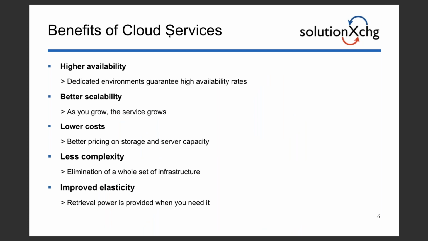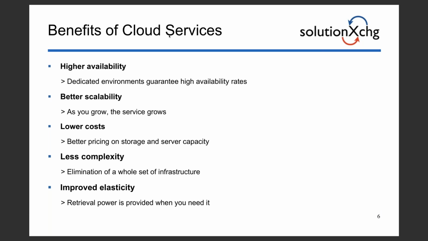Now, why would we consider running these services, content servers for SAP, in the cloud and not on premise? The main arguments are higher availability, better scalability, lower costs, less complexity, and improved elasticity.